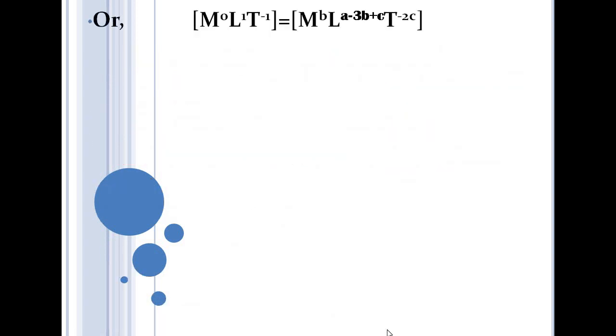As before, just equate the exponents of the similar quantities: for the mass, b equals 0 from the first. Similarly, a minus 3b plus c equals 1, and minus 2c equals minus 1, obviously, that is, c equals 1 by 2.